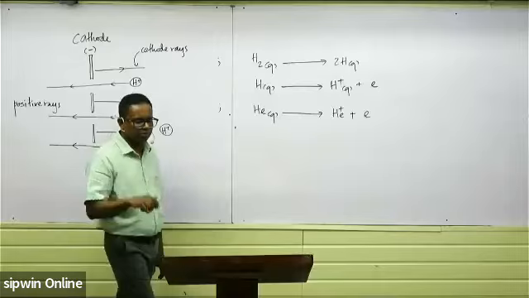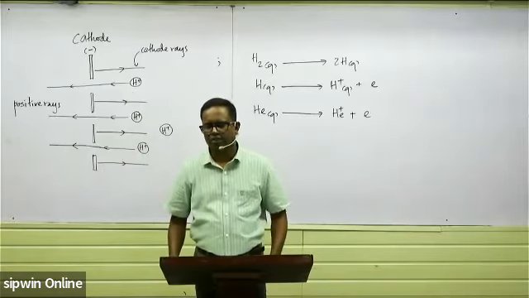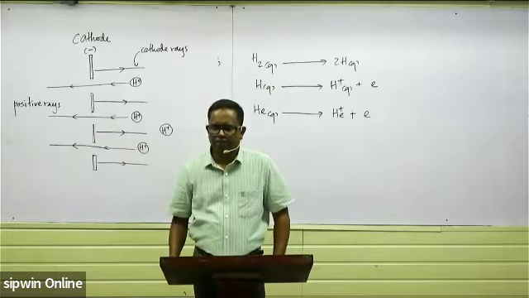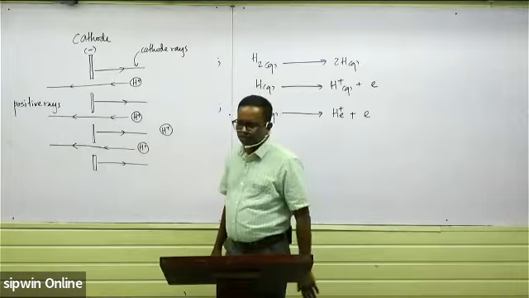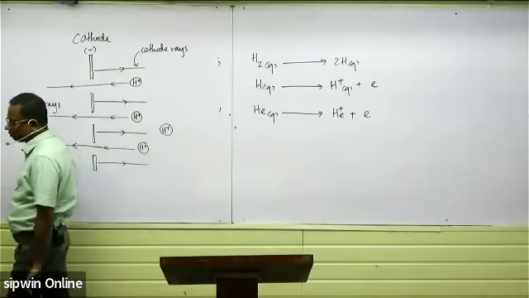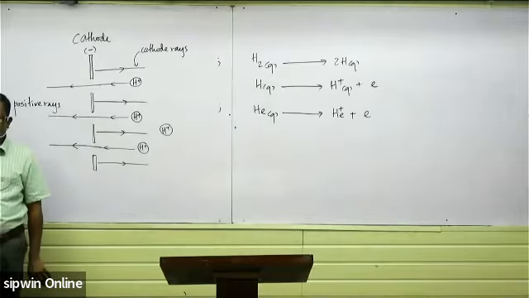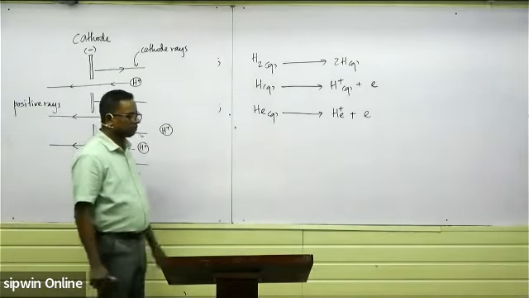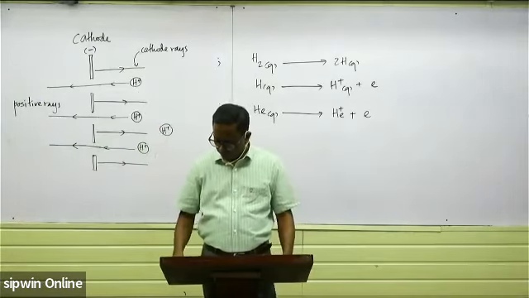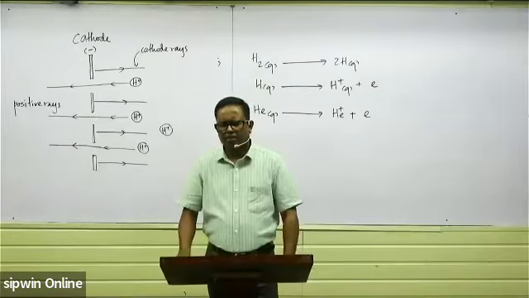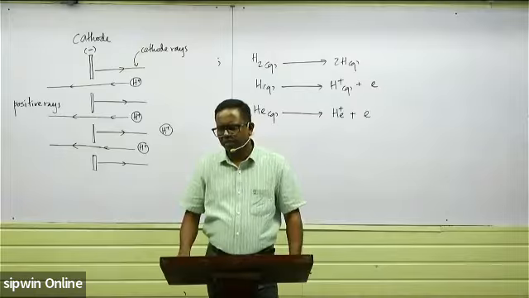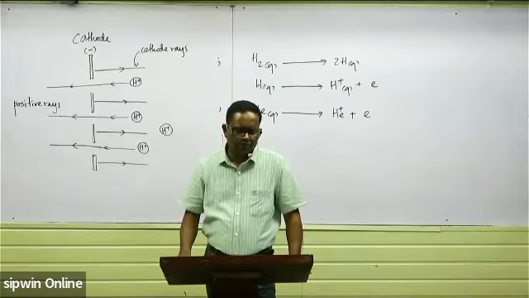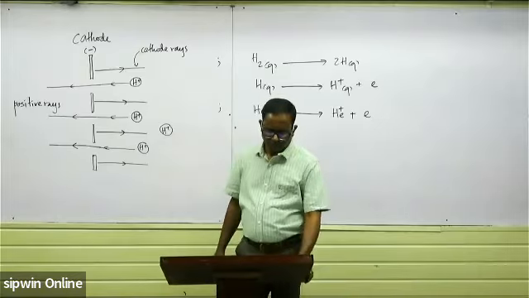These pass through the holes of the cathode, and they are known as the canal rays, within brackets positive rays.